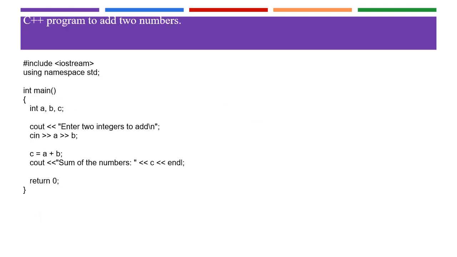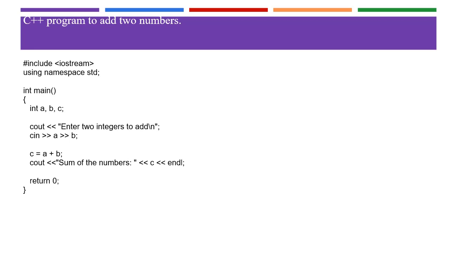In this slide, I have mentioned one simple C++ program to add two numbers. This program is not using the class concept. So before going to the class concept, how you have to write a simple C++ program is mentioned in this slide. First I use the header file, then using namespace std, then I write the main function.